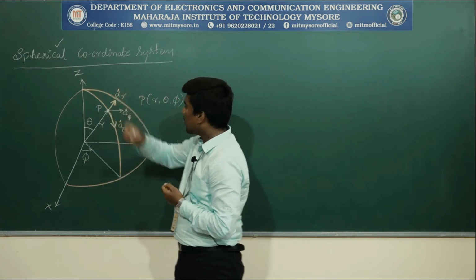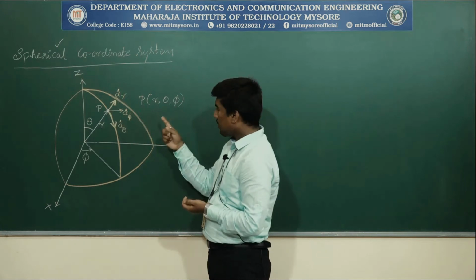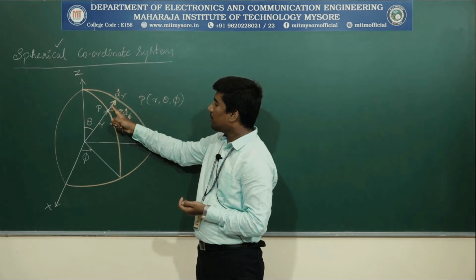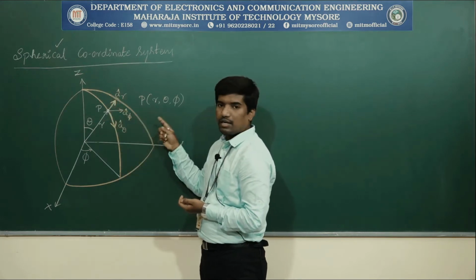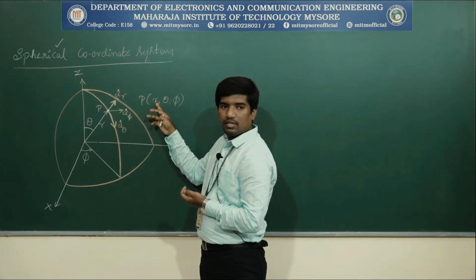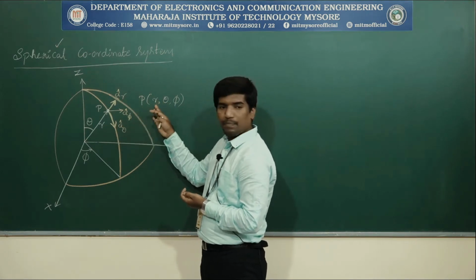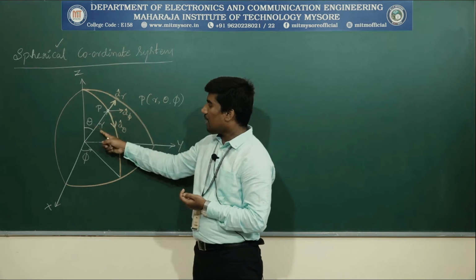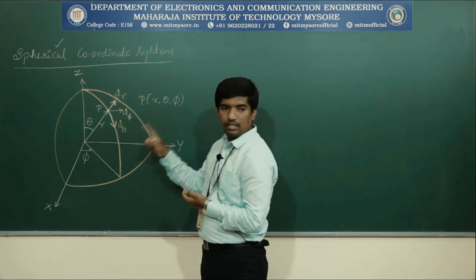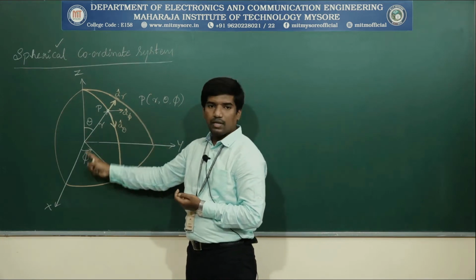This is the coordinate of this point P. There are three parameters on which a particular point P on this sphere depends. Such parameters are the radial distance or radius of the sphere r, theta the zenith angle with respect to the z-axis, and phi the azimuth angle with respect to the x-axis.